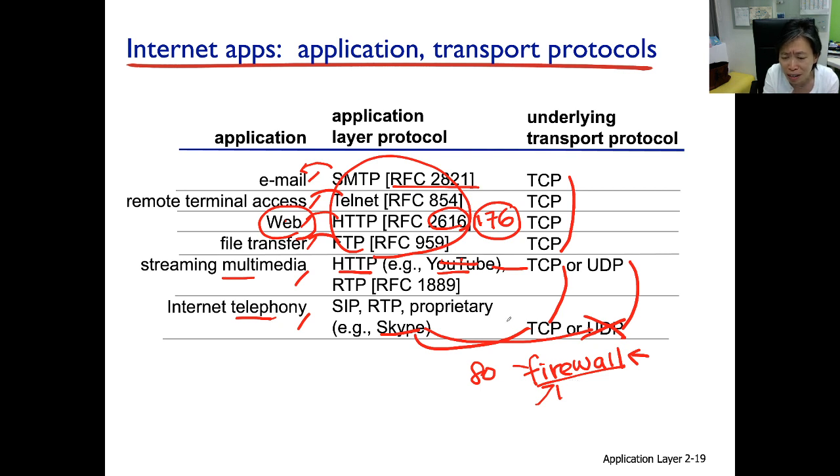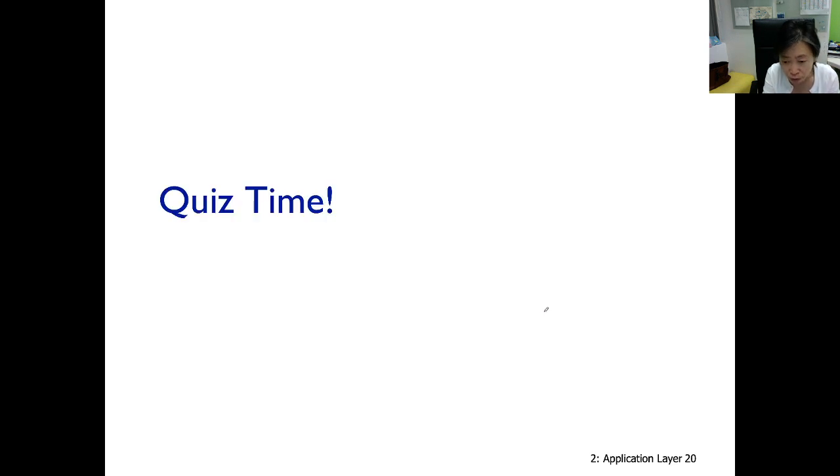Therefore, multimedia services will have to get around the problem using TCP and suffer from the problem that we have higher initial delay because we need to set up TCP connection. There's a call setup delay, a connection setup delay. Yeah, unfortunate, but that's the way it is. And next is quiz.